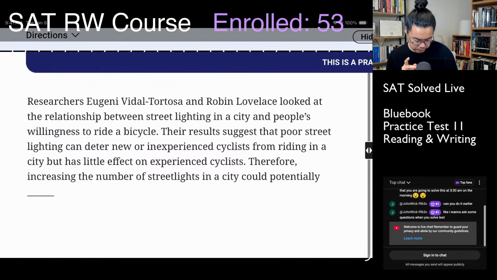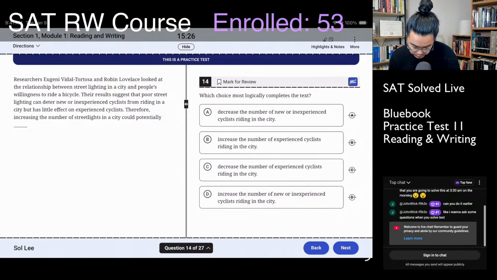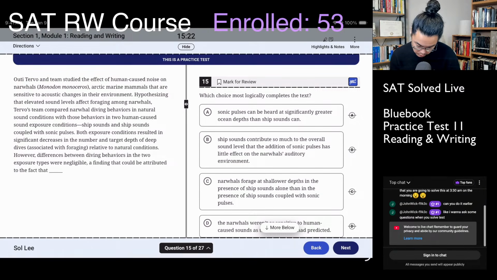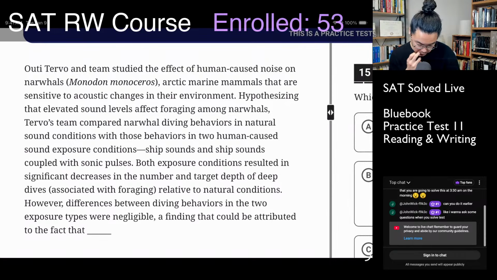Street lighting, bicycling, poor lighting for newbies, but little effect on veterans. Could potentially increase newbies. Easy. Human caused noise, narwhals. Noise affects foraging. Natural sound, human caused sound.